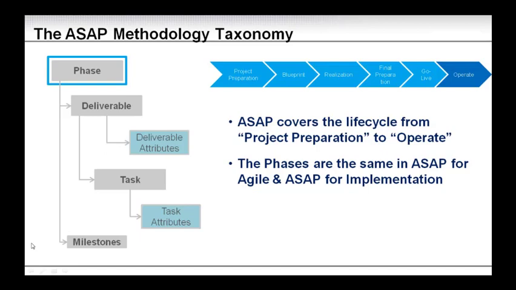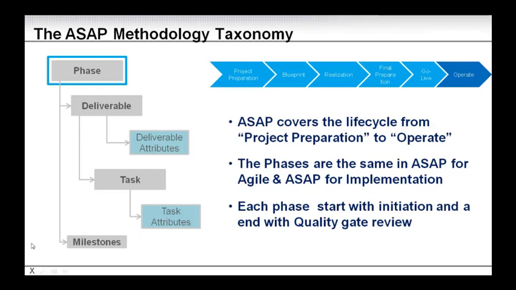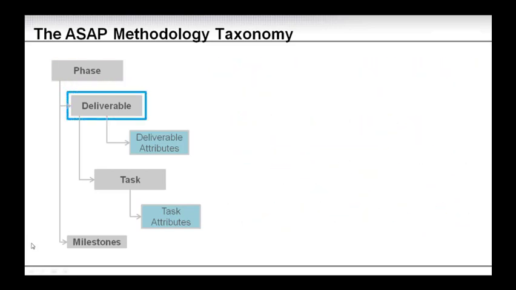So the standard implementation and the Agile approach, the two methodologies have the same phases, no change there. Each phase starts with initiation and ends with a quality gate review.